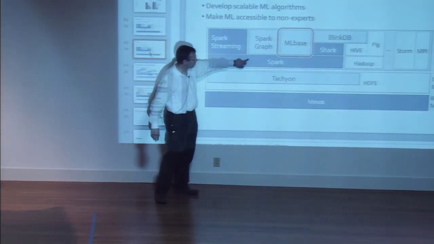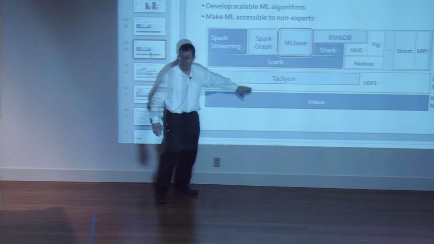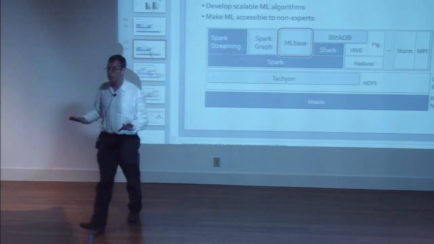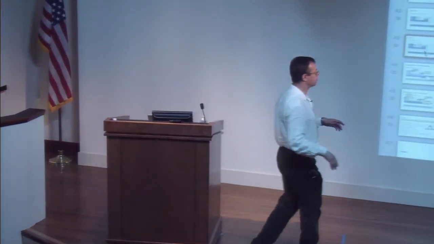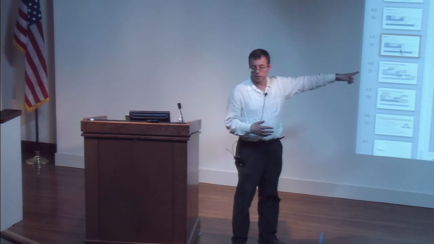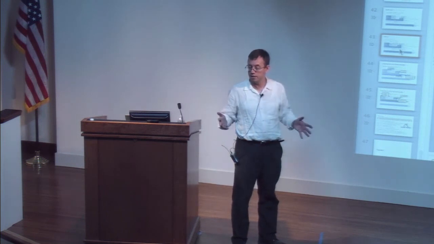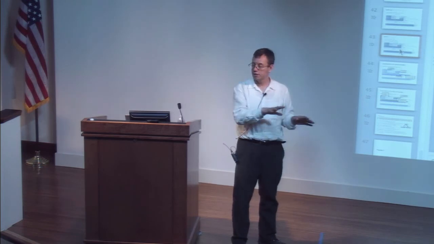We run on top of Spark for two reasons. One, Spark has access to HDFS and knows how to write HDFS. The other one is resilience, right? Because it runs on top of Spark, you have the resilience for free. So yes, you can access HDFS, everything.